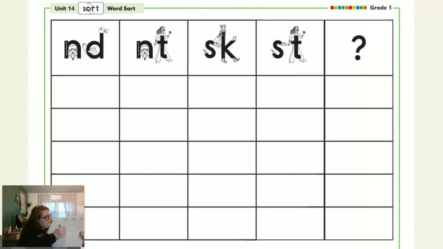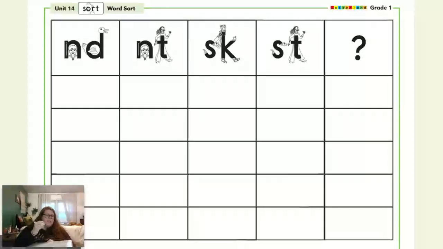Circle your end blend. Oh, so that is going to go in this list right here, because it has ND for hand. So I'm going to write hand up under the ND list.